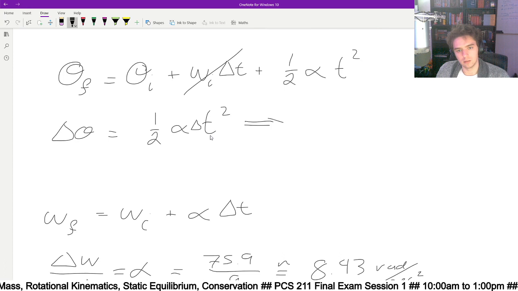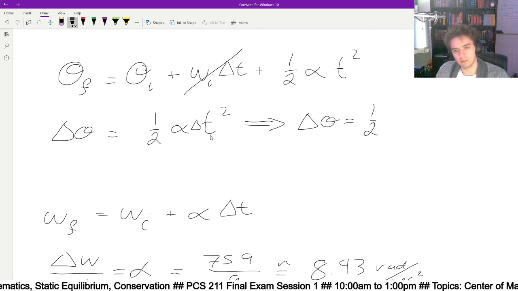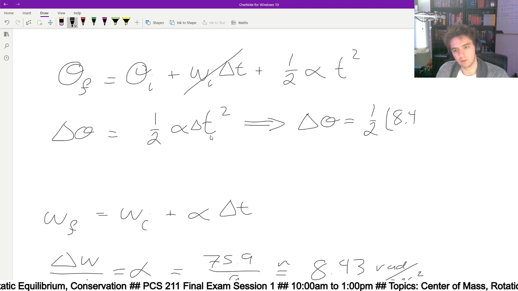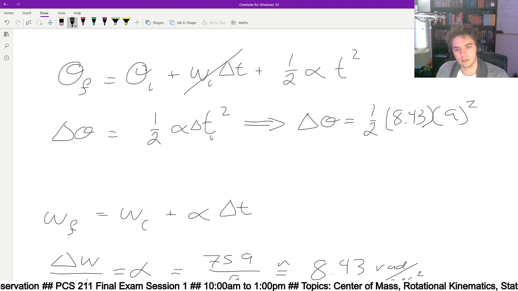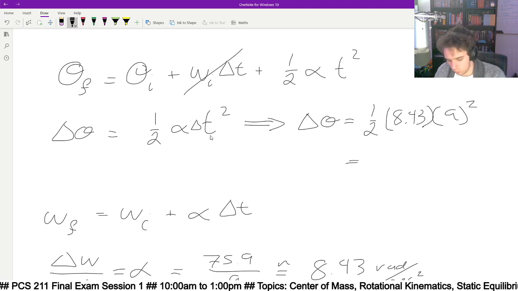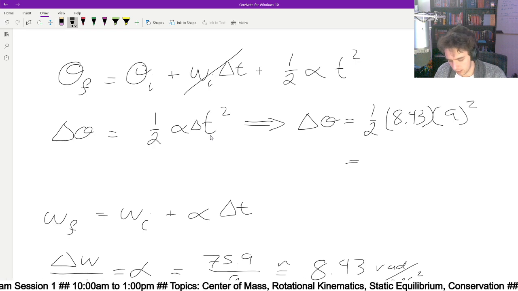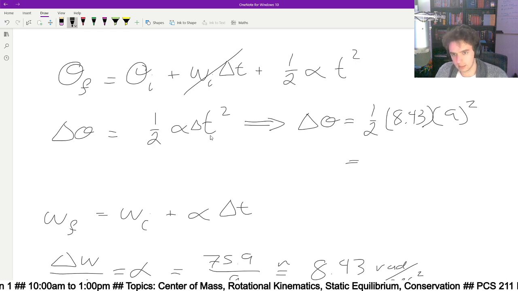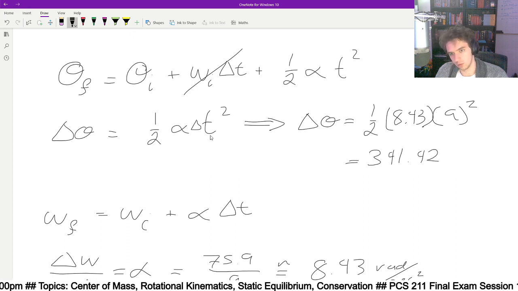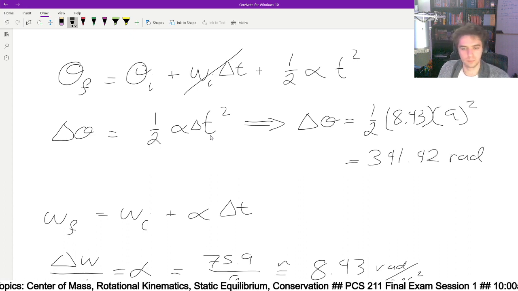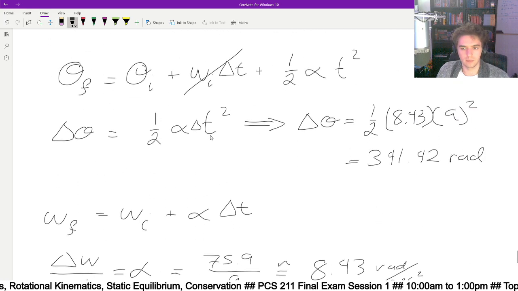So delta theta equals 1/2 times 8.43 times 9 squared. So I got delta theta is 341.42 radians. And now I just want to convert radians to revolutions.